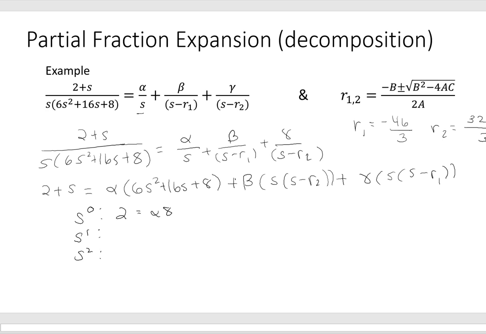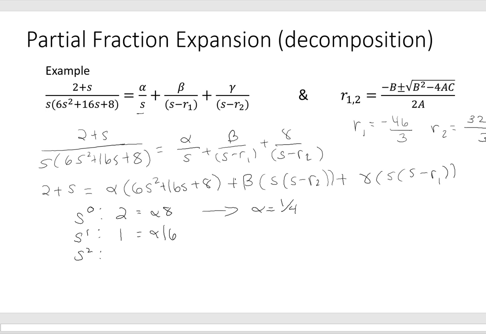So here directly I can solve for alpha, that unknown constant, and I get alpha is equal to 2 over 8, or 1/4. In the next terms, I'm going to look for powers of s to the first. On the left-hand side, the coefficient of s to the first is 1. In the first term on the right-hand side, we have alpha times 16.